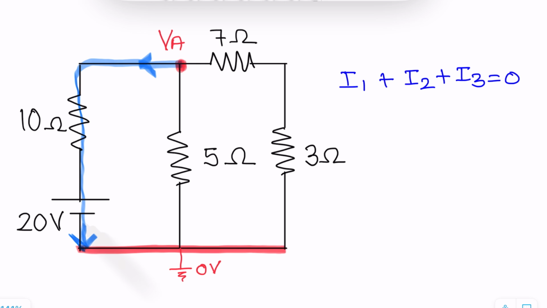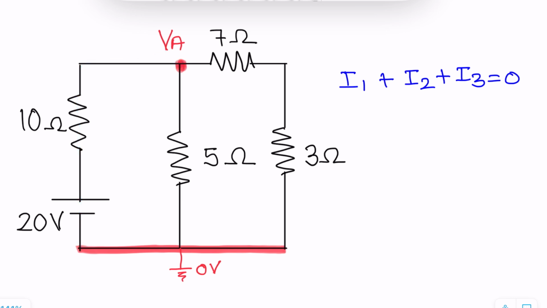Okay, and in between there is a voltage source which comes in the path, and there is a resistor which is coming in the path. So let us deal with this component one by one. First of all, what are the points? The current starts at VA and it ends at 0.